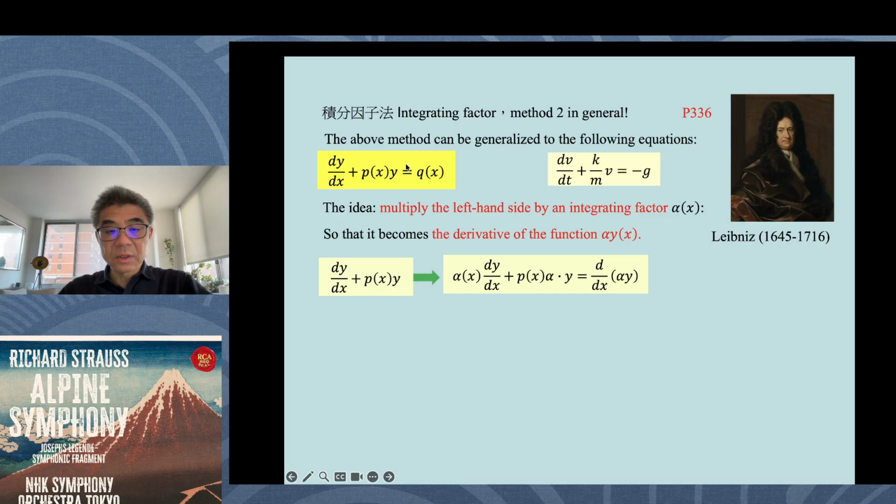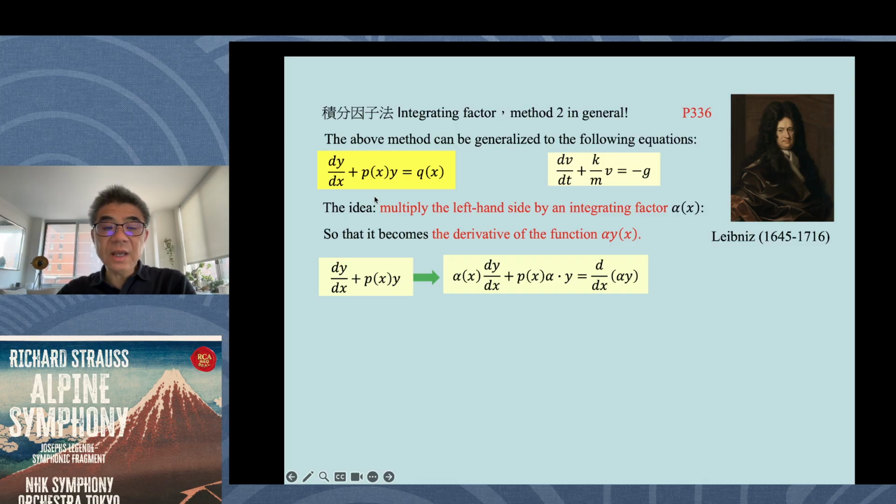Okay, so in the following presentation, I will list the corresponding steps in the earlier derivation, so that you can see them in contrast to each other. Okay, so now let's apply this integrating factor to the general equation.